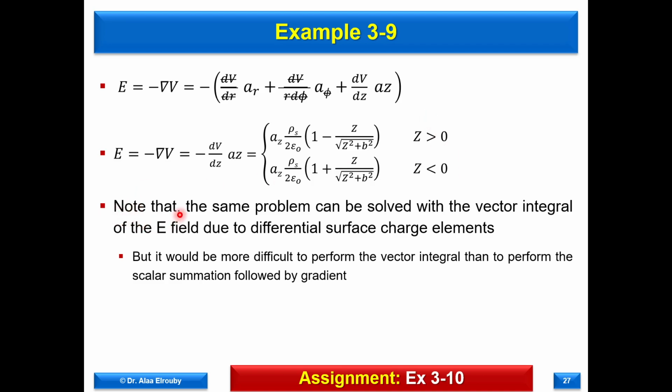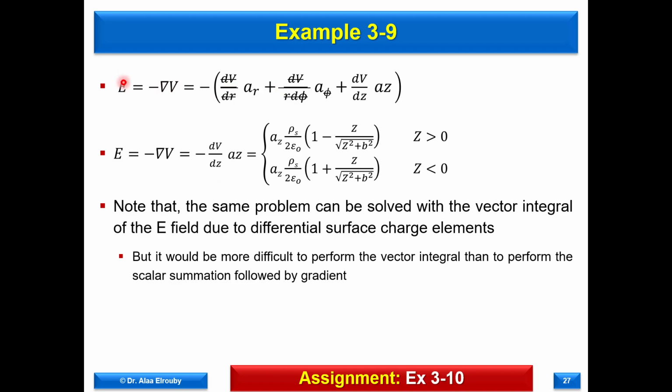I'm just adding a note here that this same problem can be solved by the vector integral of the electric field due to a differential surface charge element, like a vectorial integration instead of a scalar integration. It would be a little bit longer, but it can be solved using the electric field as well.